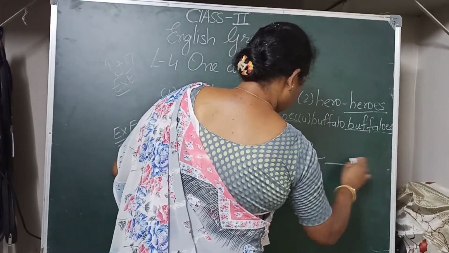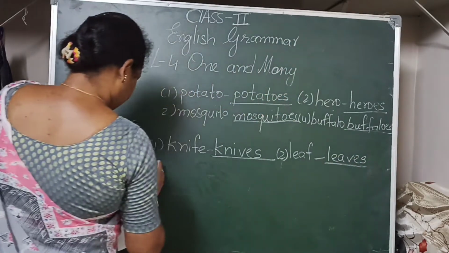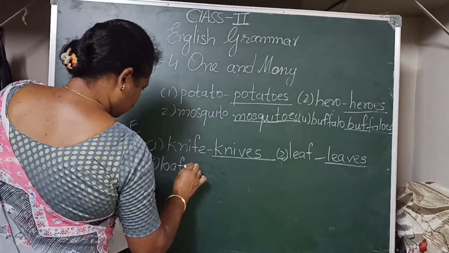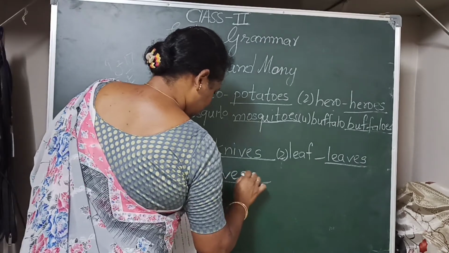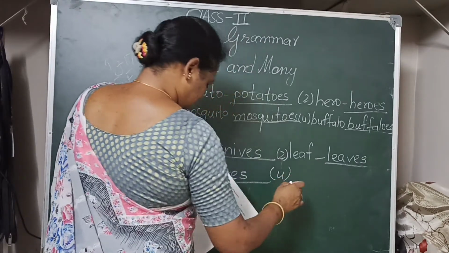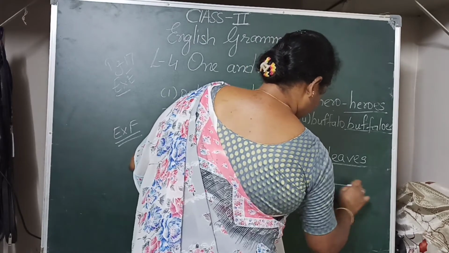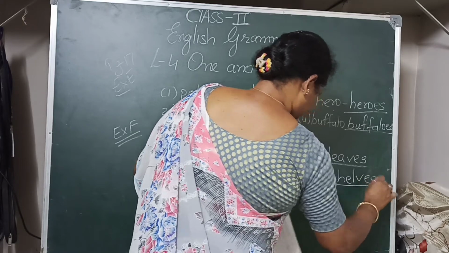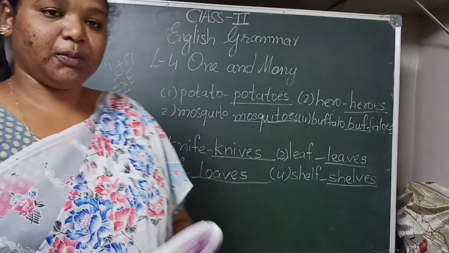The plural form is leaves. Third one, loaf, loaves. And the fourth one is shelf, shelves. Understood, children? So copy this.